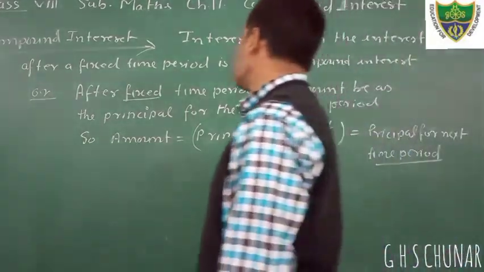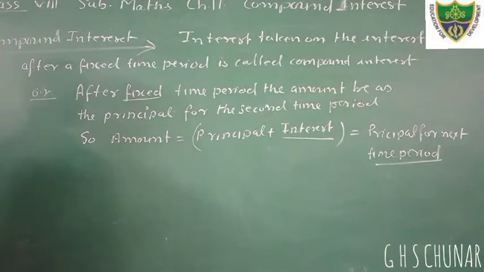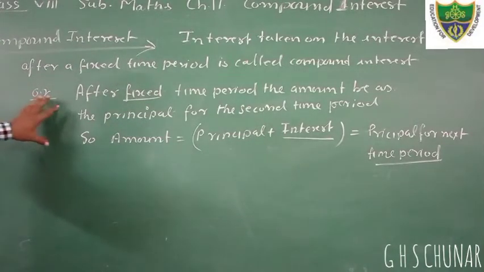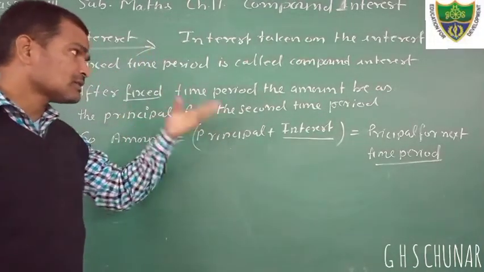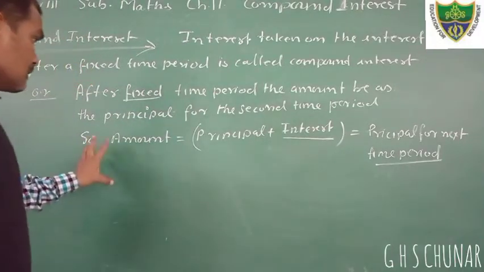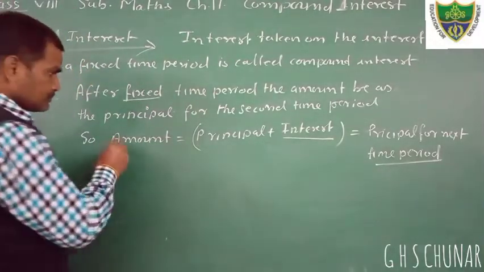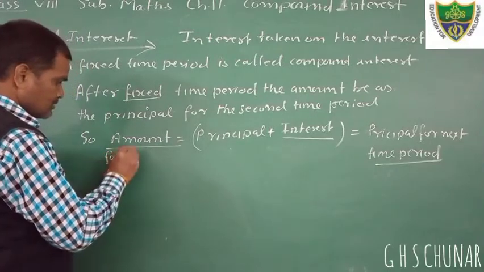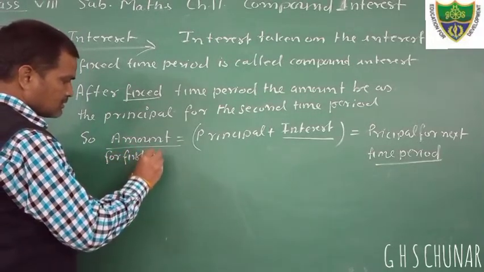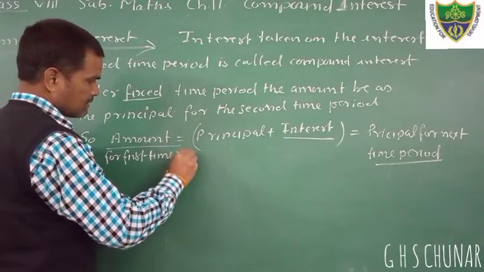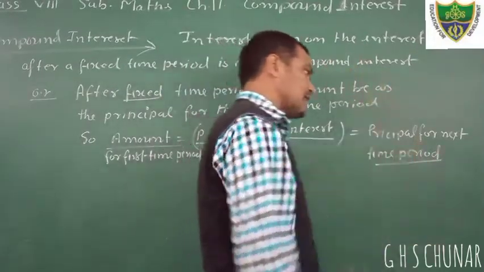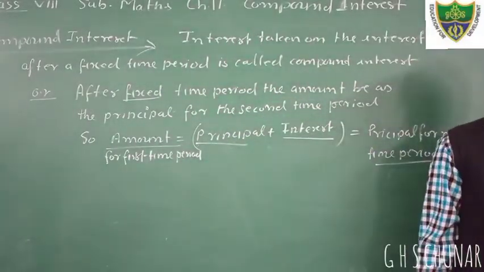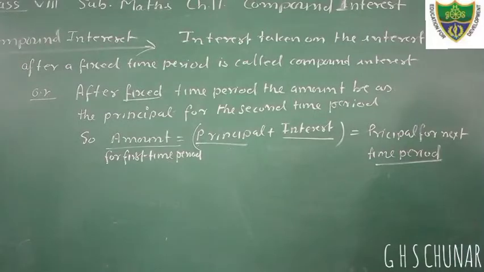So in compound interest, interest taken on the interest after a fixed time period is called compound interest, or after a fixed time period, the amount is added to the principal for the second time period. The amount for the first time period is principal plus interest, that is the principal for the next time period.